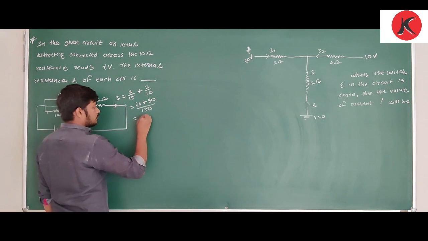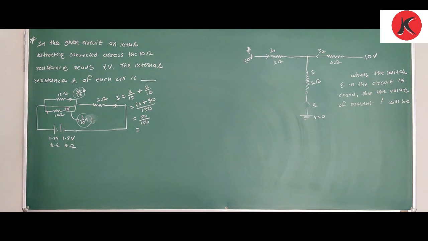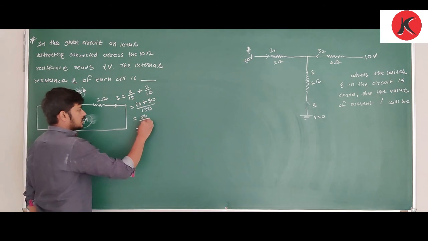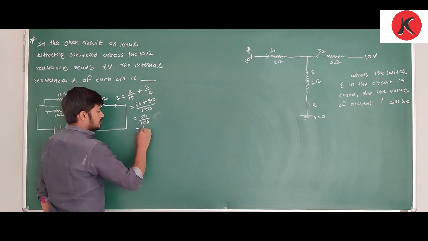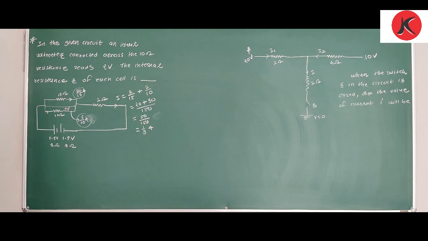So it is 50 divided by 150. Zero cuts, zero cuts, we can say it is 1 by 3 ampere. So the current flowing in the circuit, I, is 1 by 3 ampere.